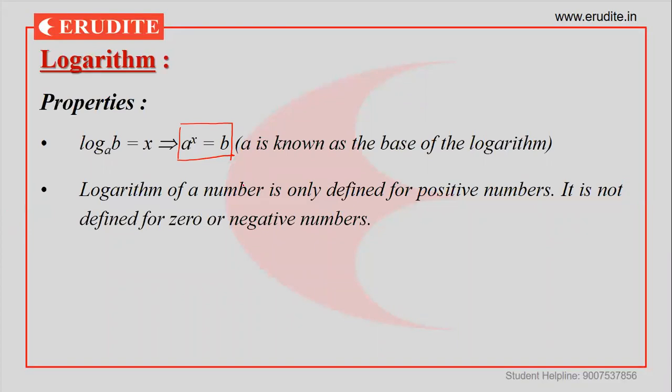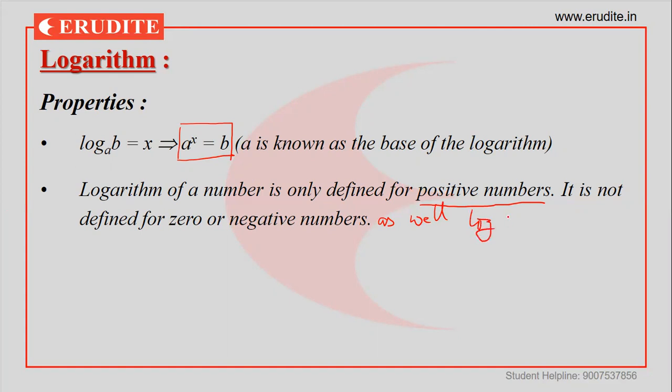This is a requirement: logarithm of a number is only defined for positive numbers. We cannot define it for any negative number or for zero. It is only defined for positive numbers, not for zero or a negative number.